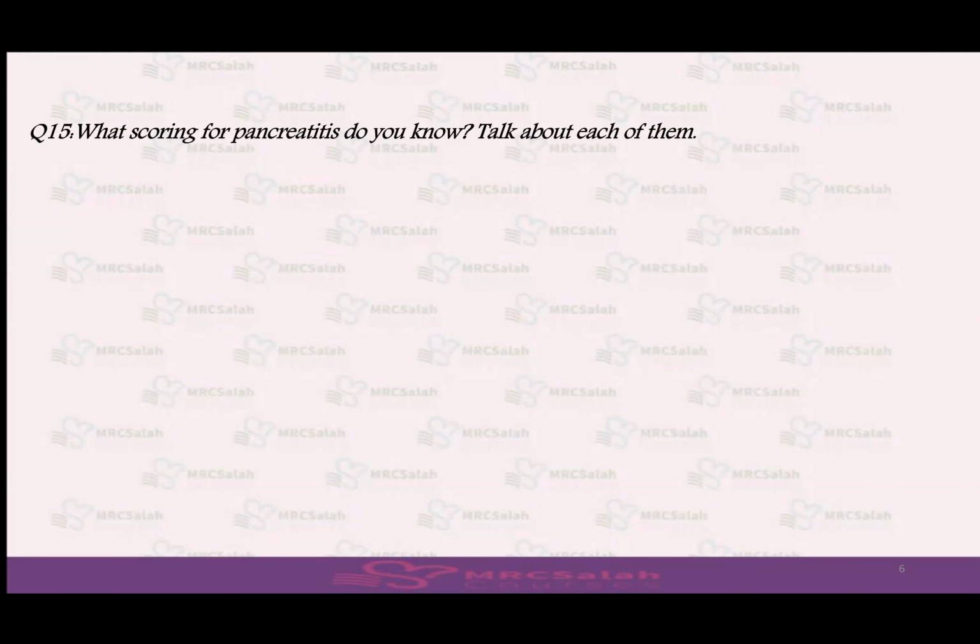Ranson score is divided into points at admission and points after 48 hours of admission. At admission: age of the patient more than 55, leukocyte count more than 16,000, LDH more than 350, blood sugar more than 11 millimole per liter, and AST more than 250.